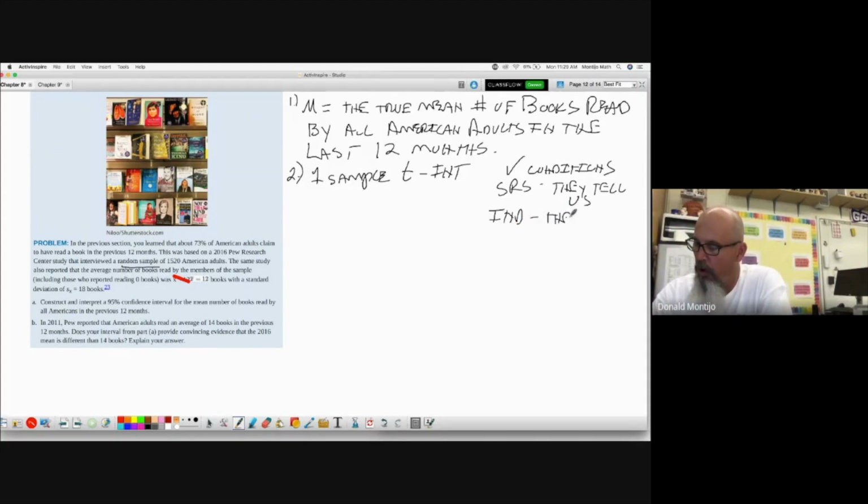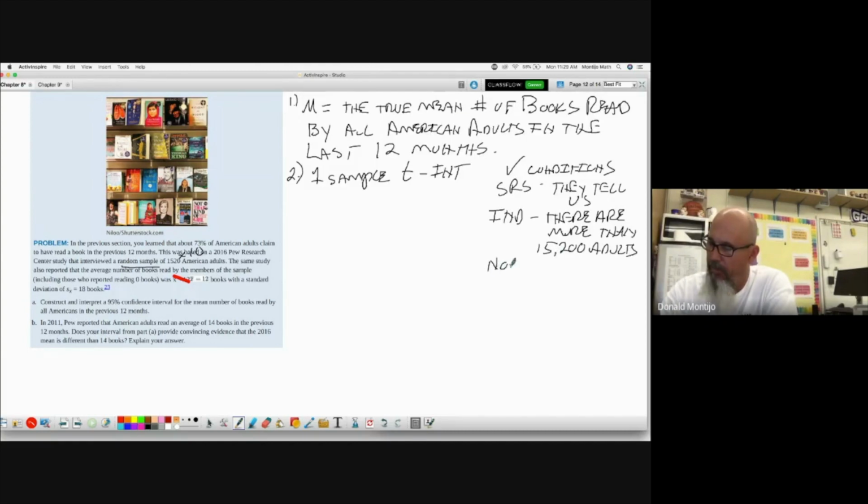There are more than 15,200 adults. Yeah, we're safe there. There's certainly more than 15,200 adults. Where did we get that? Population must be at least 10 times the size of the sample. So I took the sample size 1520 times 10. Yeah, definitely there are more than 15,200 adults in the United States.